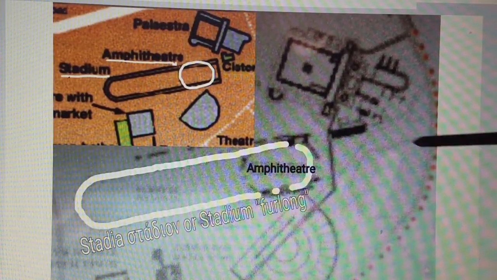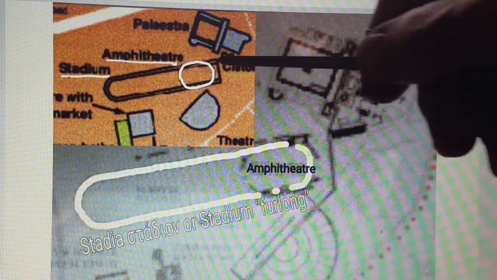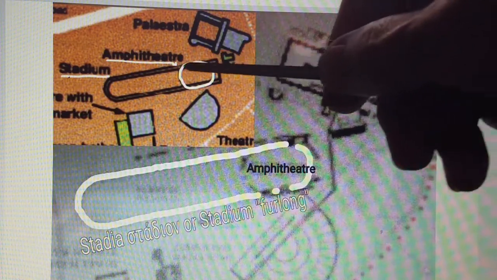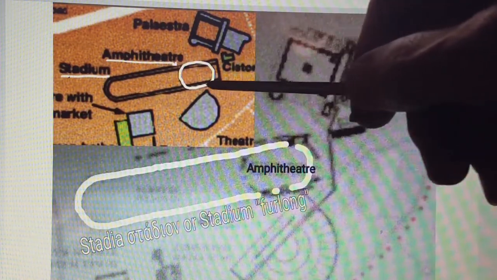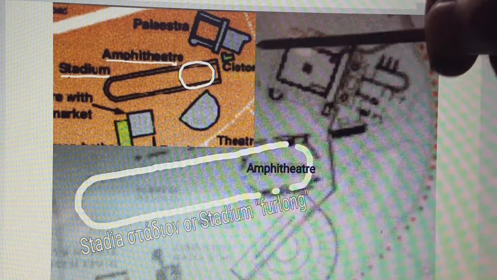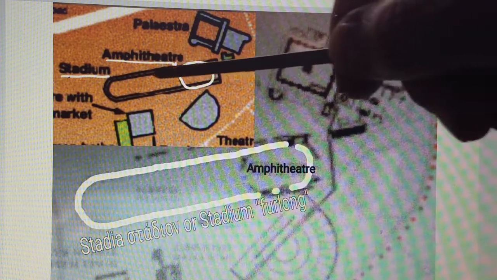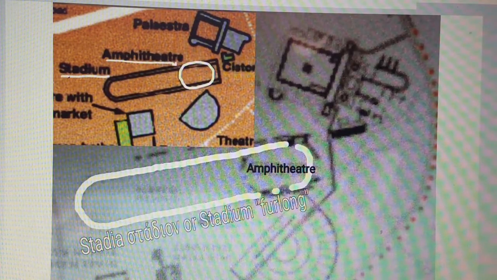And here you can see, once again, there's the circular amphitheater. And then the race is the stadia, which goes around. So again, here's the theater, like this one. There's this building here, which is this one. And this is the amphitheater and the stadia. So we do know what the measurement is. And that measurement of Ezekiel comes very close to this.